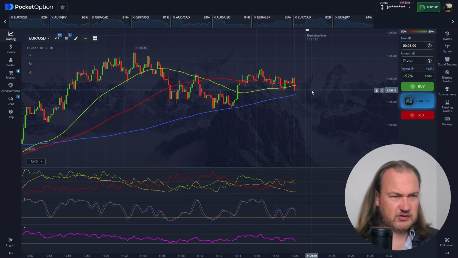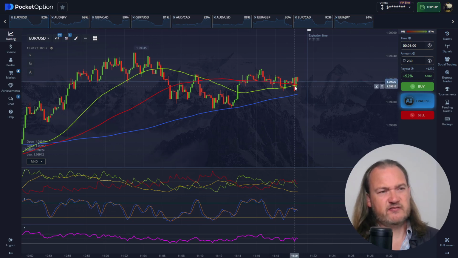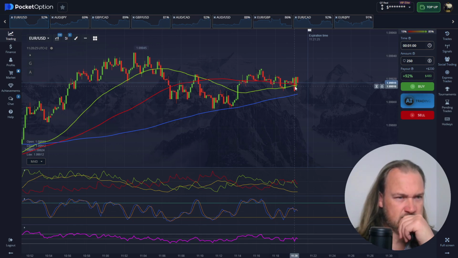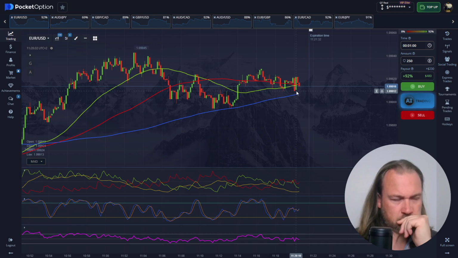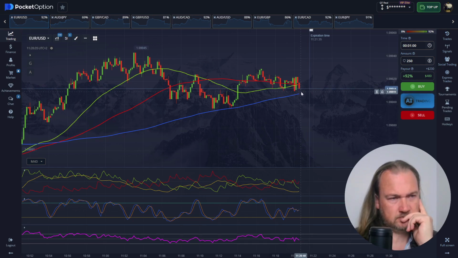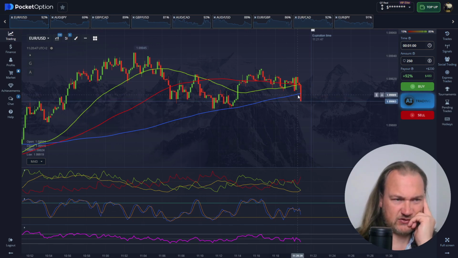Finally continuing the movement down, or what? Nope. Now we're starting to see a kind of a battle. We still haven't broken the 200 moving average.